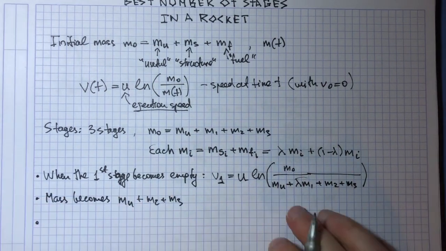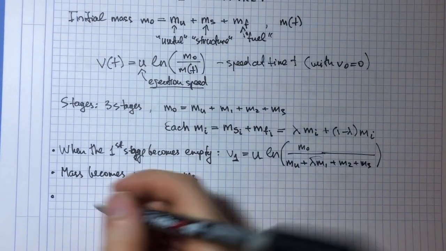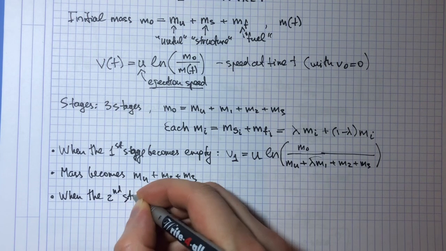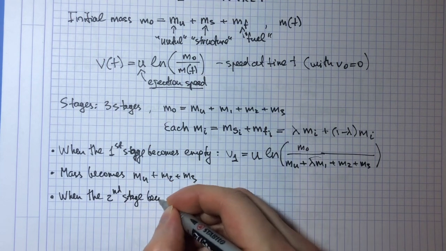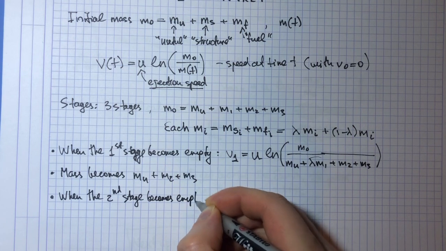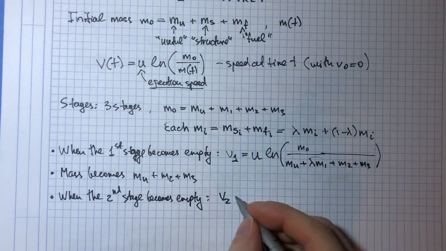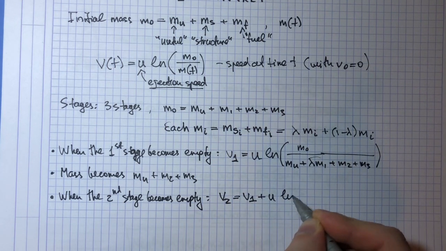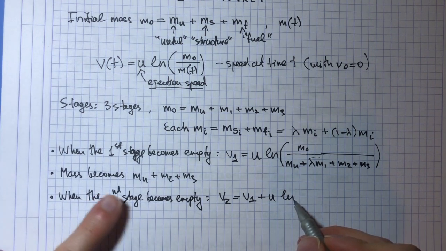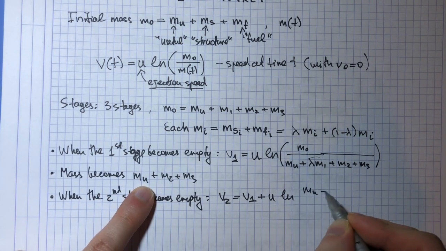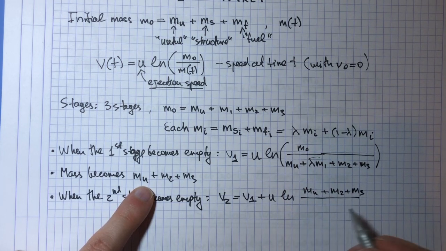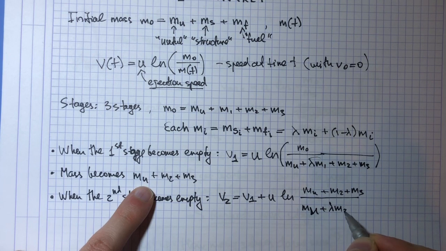So when the second stage becomes empty, we reach speed v2, which is obviously going to be v1 plus u of ln our initial mass for the second stage, which is this, mu plus m2 plus m3, divided by m useful plus lambda m2 plus m3.